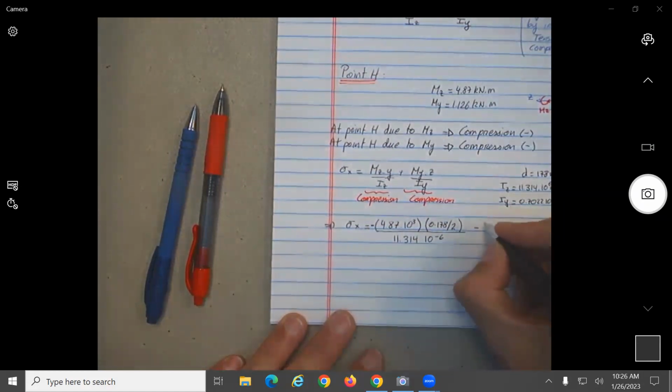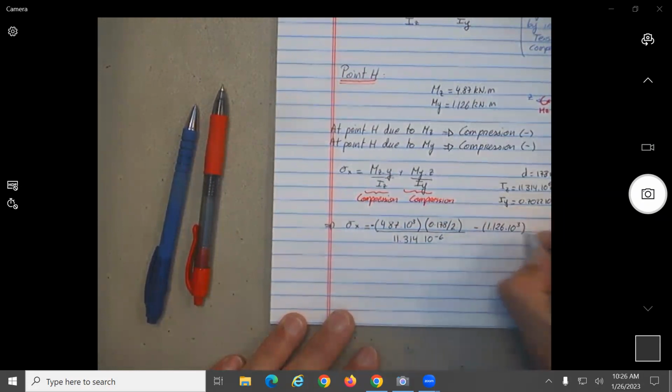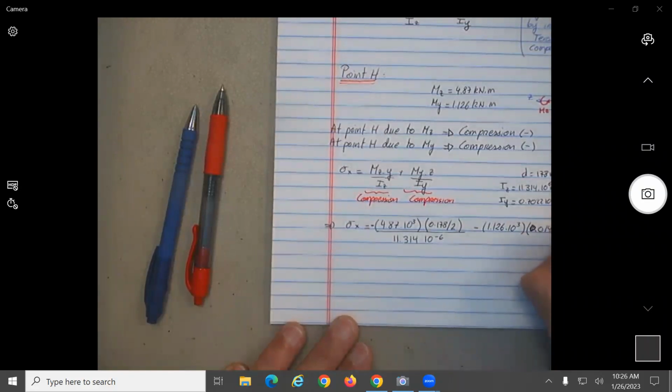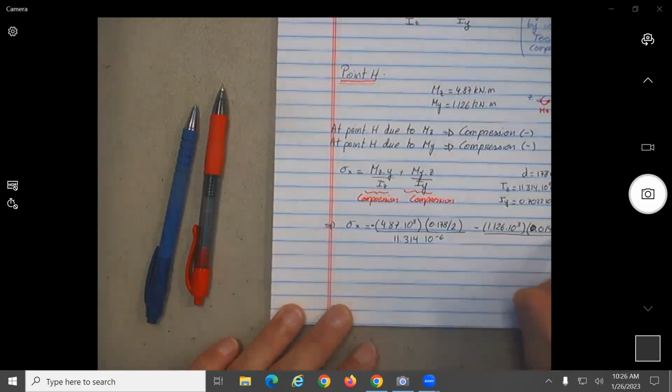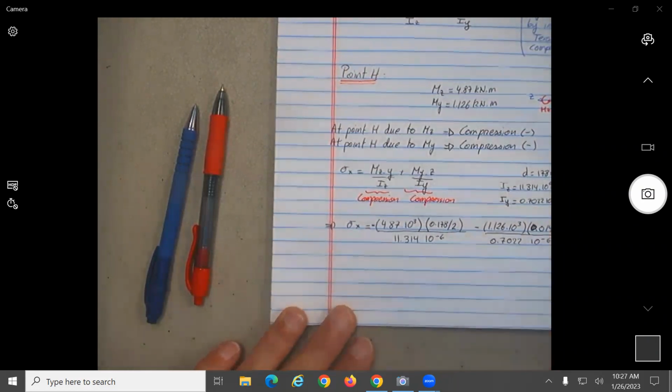So what do we have for MY? 1.126 times 10 to the 3, times Z. What is Z? 14, so it will be 0.01465, divided by 0.7022 times 10 to the negative 6.